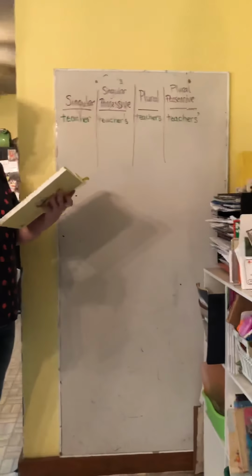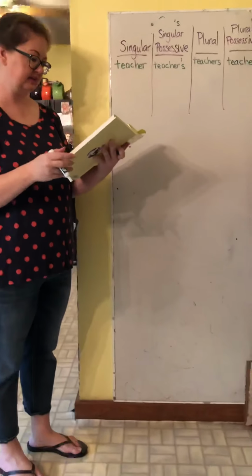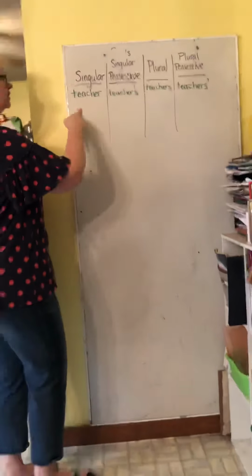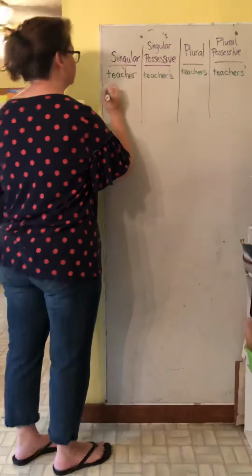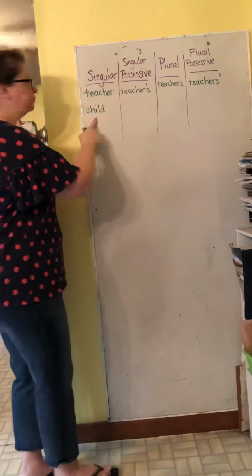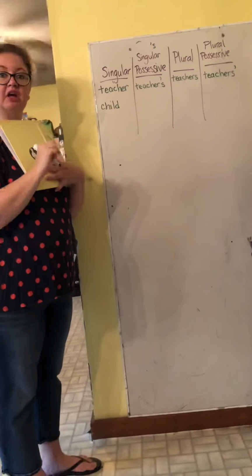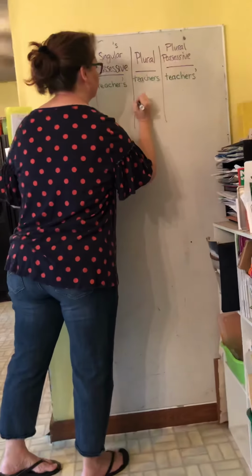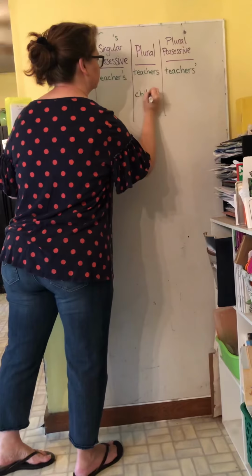Okay? Let's look at one that's a little bit different. Okay, this is an irregular noun. So I have the word child. How would I make the word child plural? Let's change the whole thing. So it becomes children.